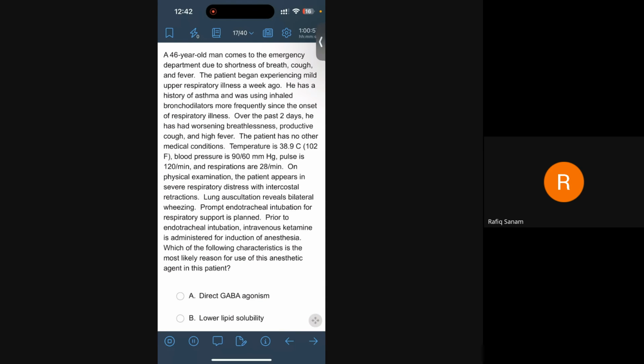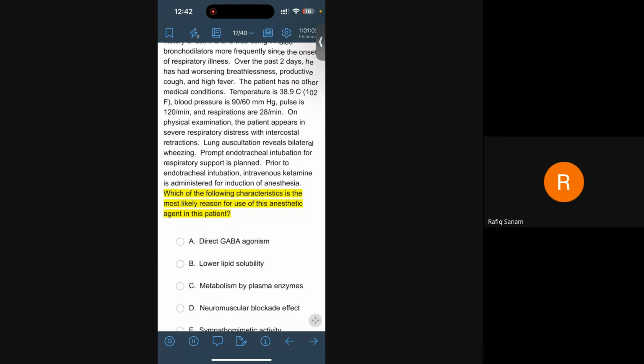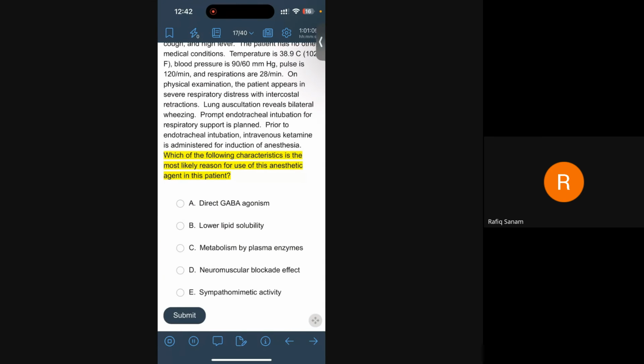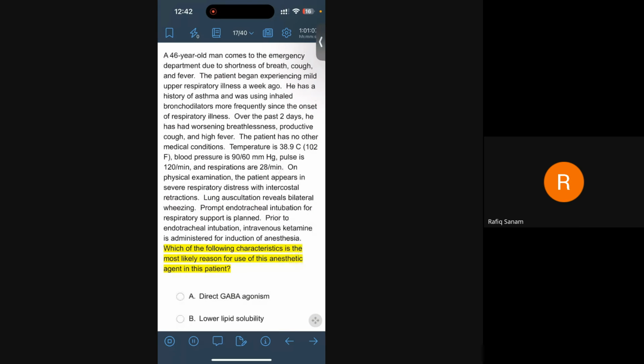Which of the following characteristics is the most likely reason for this patient's anesthetic agent? This is again a question of drug administration.